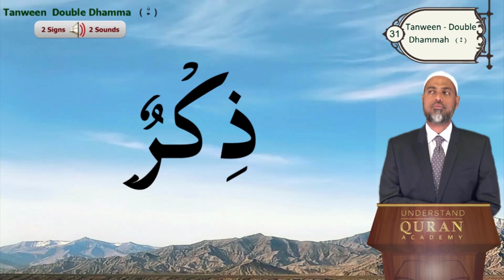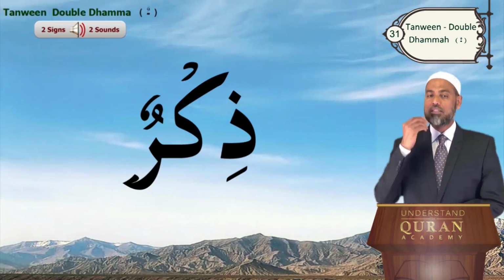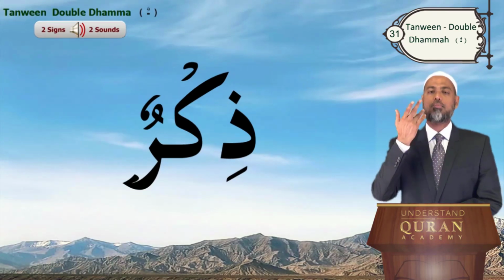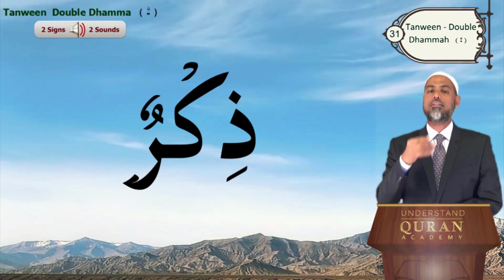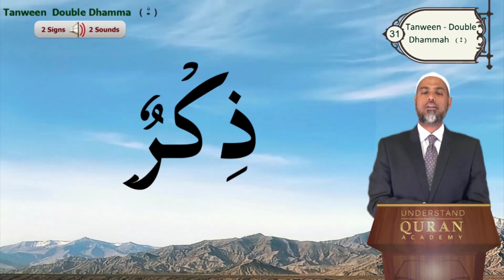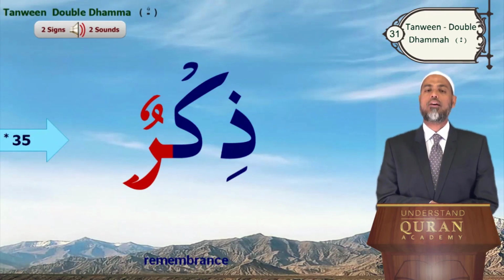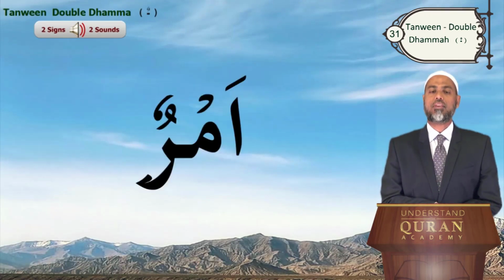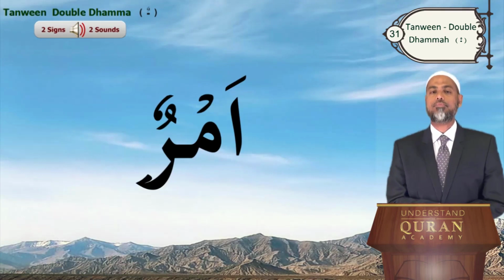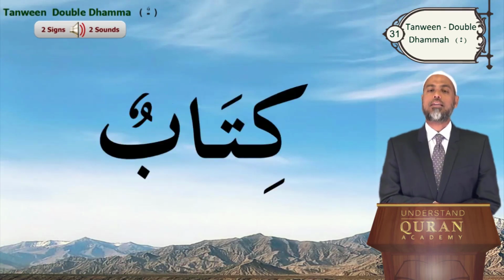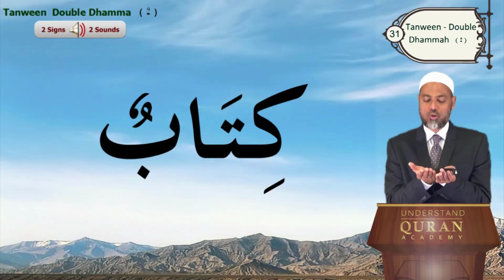Dhikrun. Kaf has sukun here, meaning you have to have hams, meaning let the air flow. Don't say dhikrun with a stop. Air is stopped. Dhikrun. Remembrance. Dhikr of Allah. Remembering Allah. Amrun. Kitabun. Kitab is book.